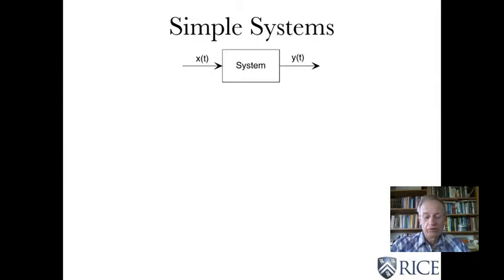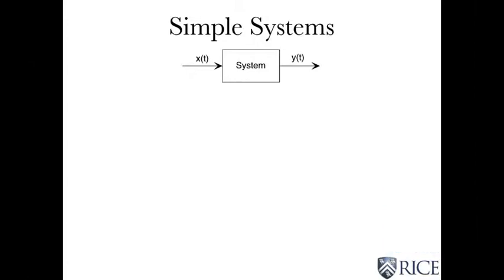All right, so let's talk about some simple systems, ones that are pretty easy to understand. And the first one is quite simple. It's called a gain. What this system does is the output is equal to the input times a gain, a number g, a scalar. So I think that's pretty easy to understand.